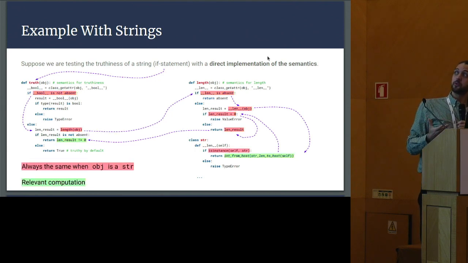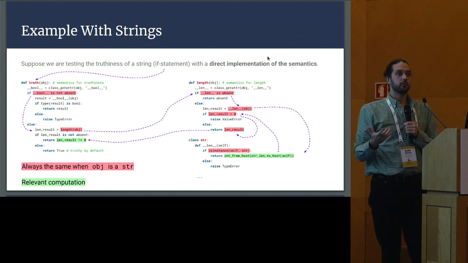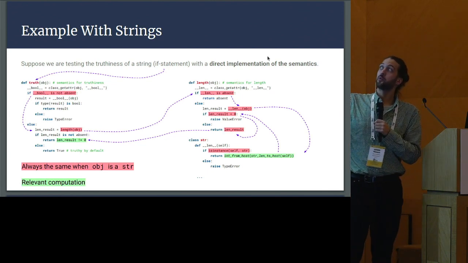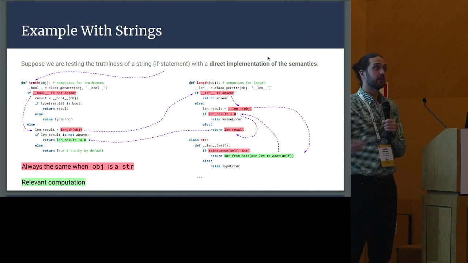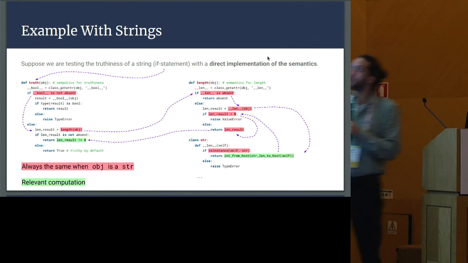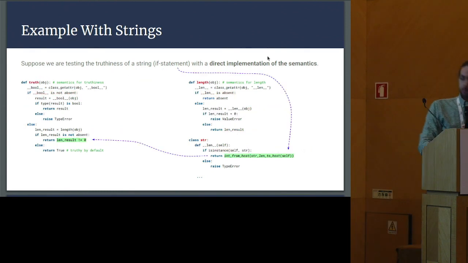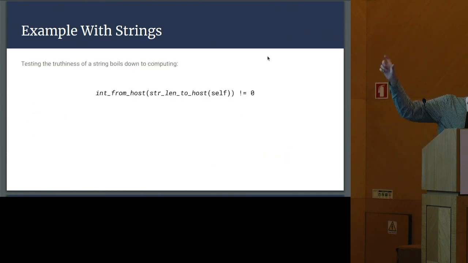But since we know that for built-in types, methods are immutable, everything in red here we actually don't need to do if we know that the object is a string. We don't need to look for the bool method. We know that we're going to call the length semantics. And in the end, we know that it's just this line we're going to execute, and on the left here compare the result of that to 0. So computing the truthiness of a string should just use this quick path and compute this result.